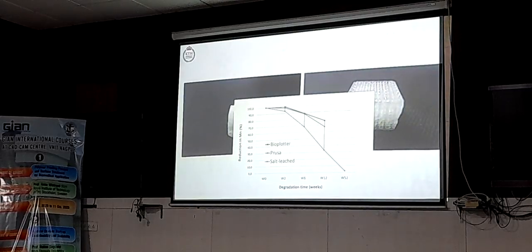The bioplotter is the dark blue one, the top one here, compared to the salt-leached one, which is the yellow one, or the Prusa. So there are differences in degradation time, especially when you use the Prusa and the bioplotter.